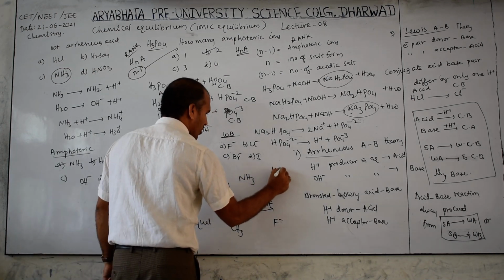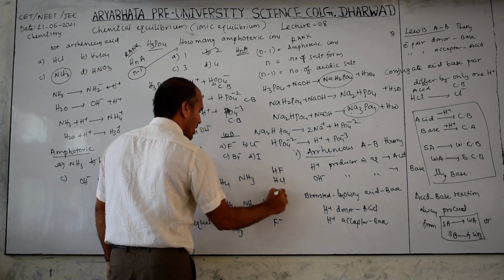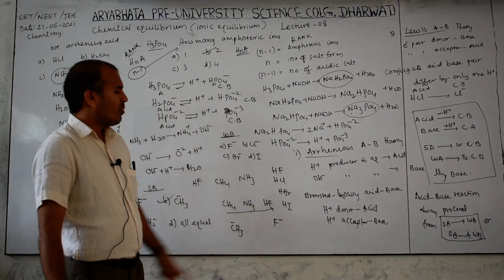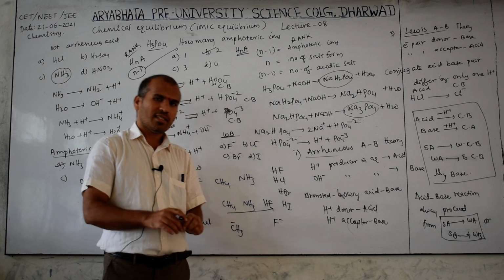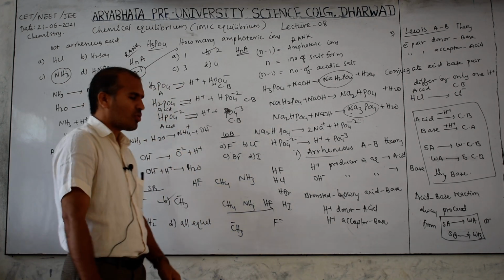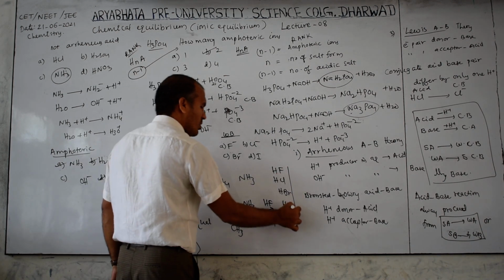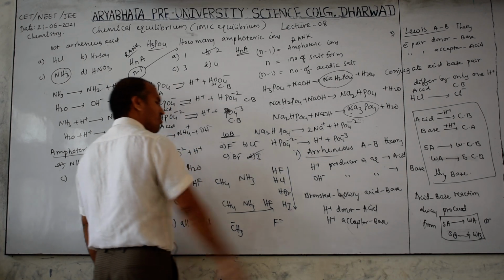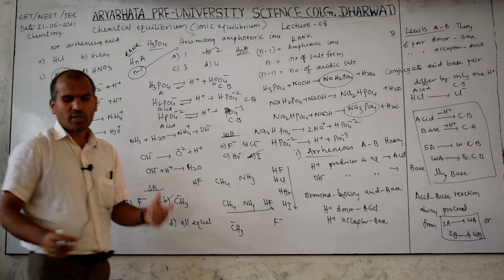Therefore H and F, HF, H and Cl, HCl, H and Br, HBr, H and I, HI. Then bond length increases, it easily breaks down, therefore easily produces H plus. Therefore that is a strong acid. So from top to bottom the acid gets stronger, and a strong acid gives a weak base. Therefore this is the weak base. So like this you can answer.